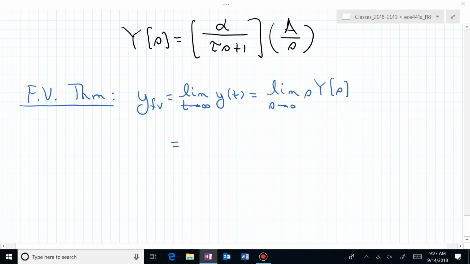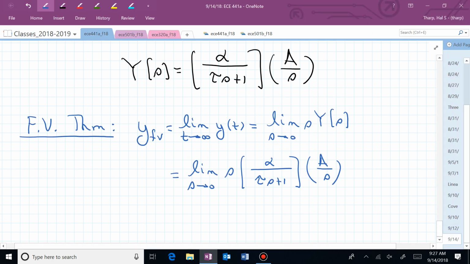And now we can say that's the limit as s goes to 0 of s times alpha over tau s plus 1, times A over s. Those s's cancel. We let s go to 0, and what do we end up with?